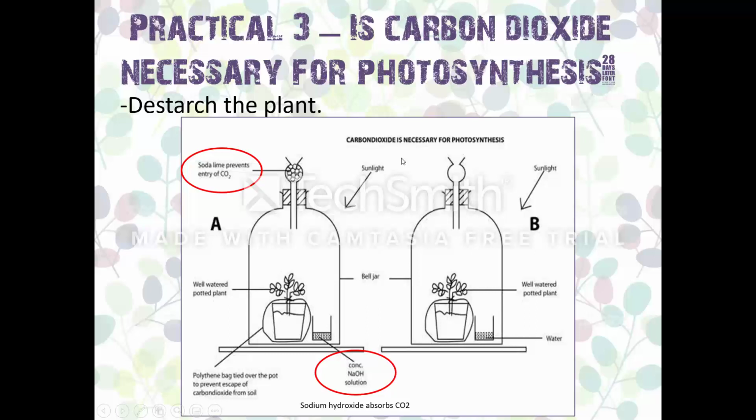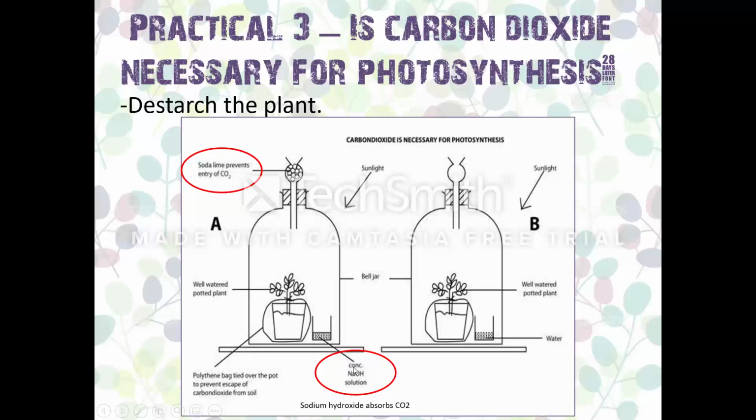But now, just like I said about my cup with my M&M, I already will have carbon dioxide inside this jar floating around here. So I need to get rid of that carbon dioxide that's floating around here. And how I do it is I put a cup next to my plant that contains sodium hydroxide.